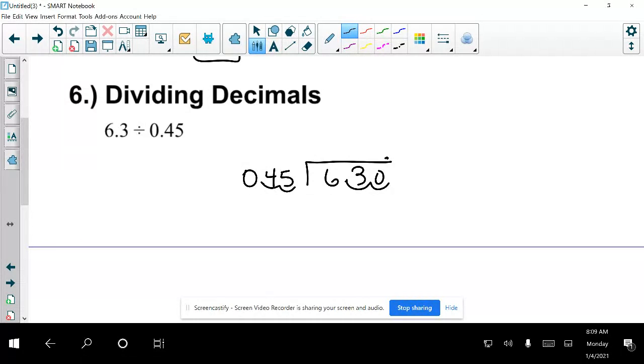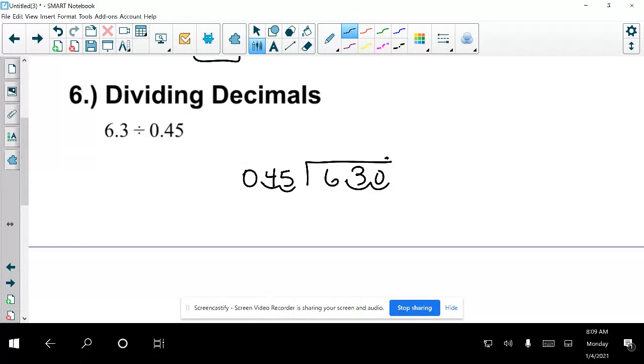And if the dividend, sorry, that's the divisor, sorry. This is the dividend that's on the inside, divisor's on the outside. If the divisor has decimal places, you have to move it to the end, basically taking it away. But you have to do the same thing in the number in the inside of the house, which is called the dividend.